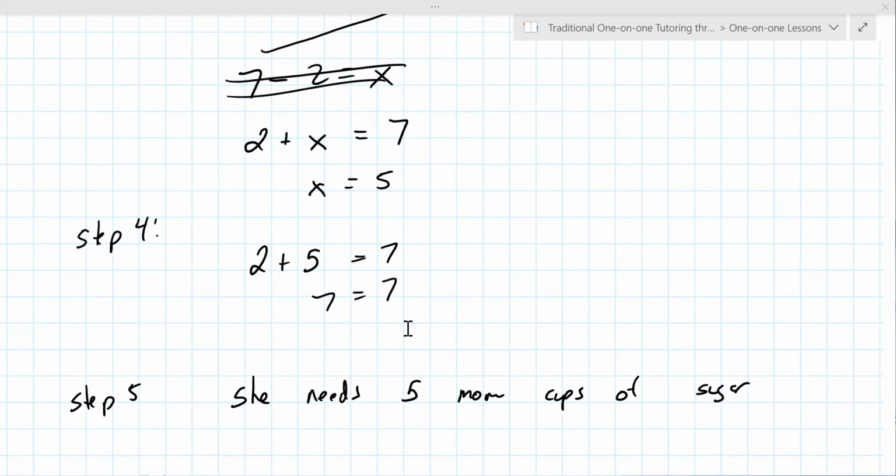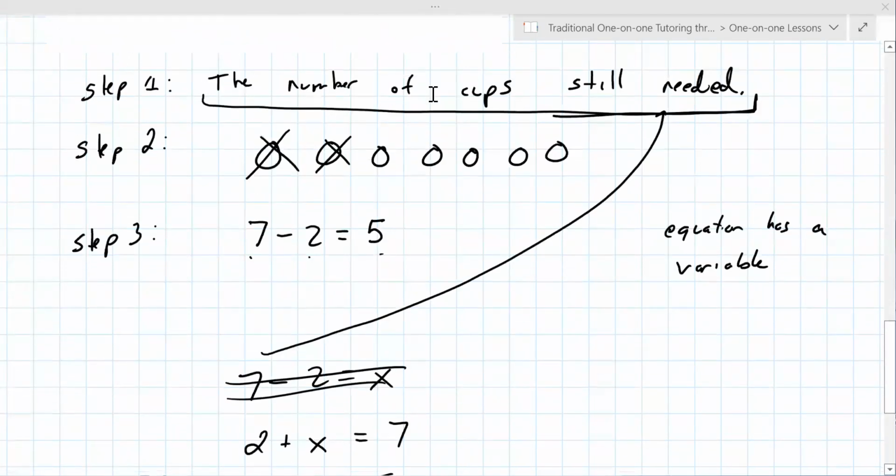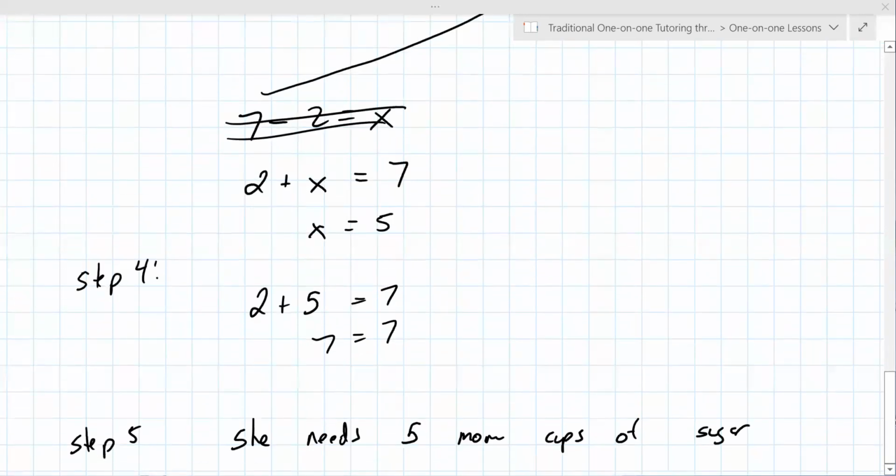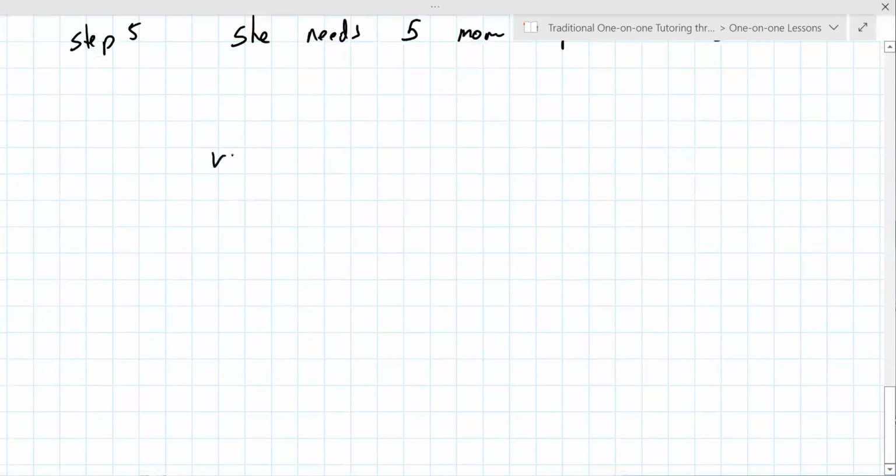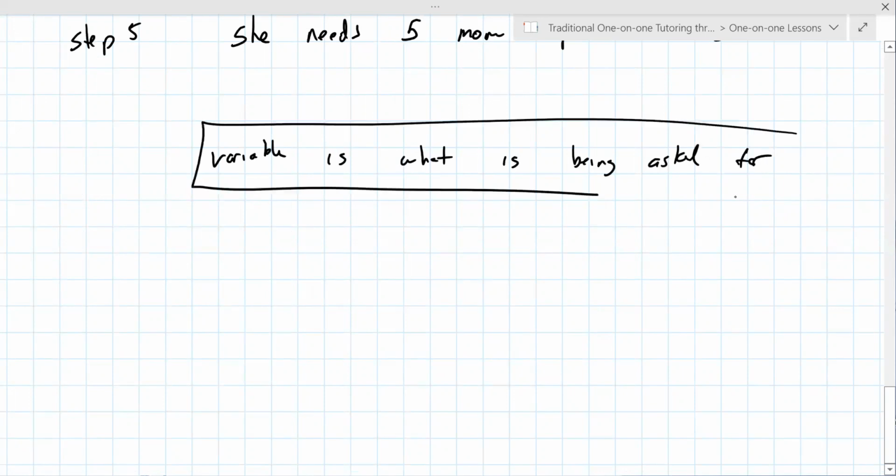So I think we hit on something really important here, is that your variable is always the thing that it's asking for. That might be something to just make a note of. The variable is what is being asked for. Usually it's whatever's in the question.